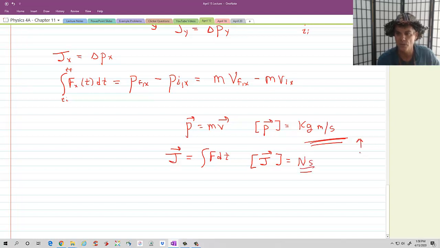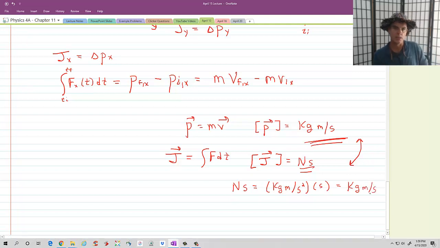And these two units are equivalent, meaning a Newton second is a kilogram meter per second squared, which is a Newton, times a second, which is the same thing as a kilogram meters per second.